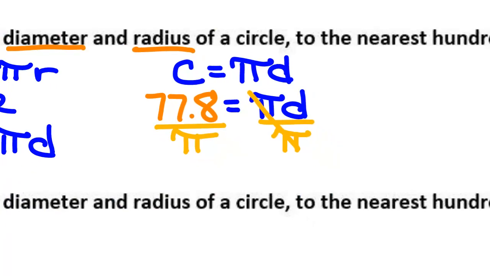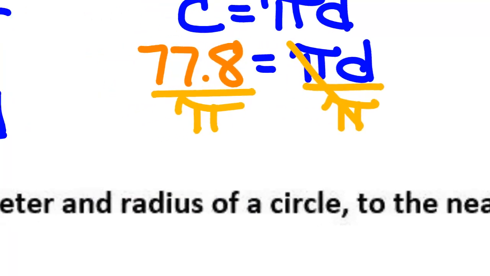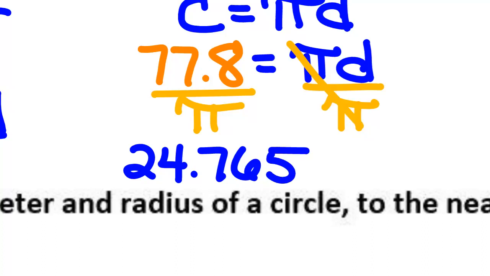So I need you to grab your calculators then. We're going to do 77.8 divided by, and then you're going to push the pi button and hit enter. You said 24.765. Thank you. 24.765. Oh, 764, sorry.